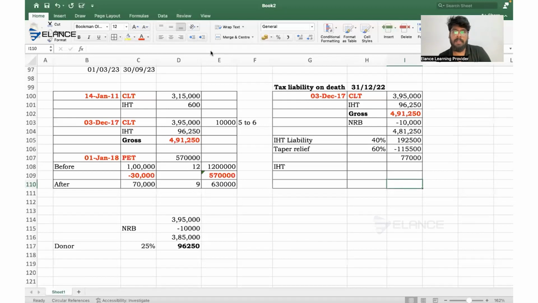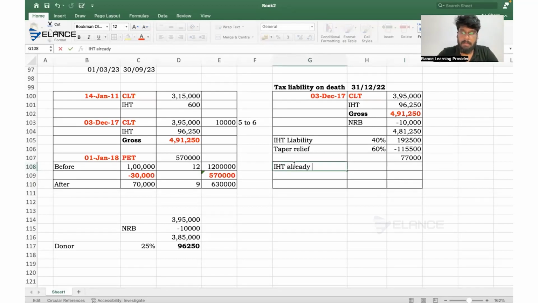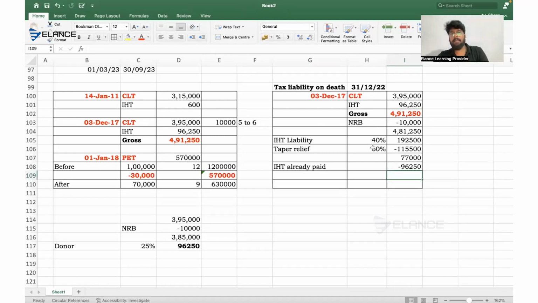Fine. Now we can deduct the IHT already paid in the lifetime. At the time of transfer, they paid some amount as IHT, and the lifetime IHT was 96,250. When deducting the IHT already paid, we get a negative amount.